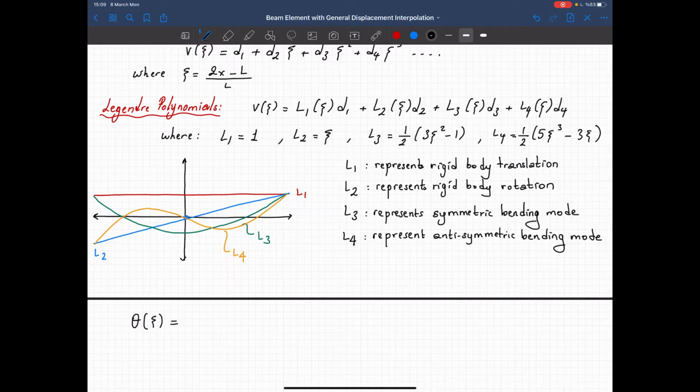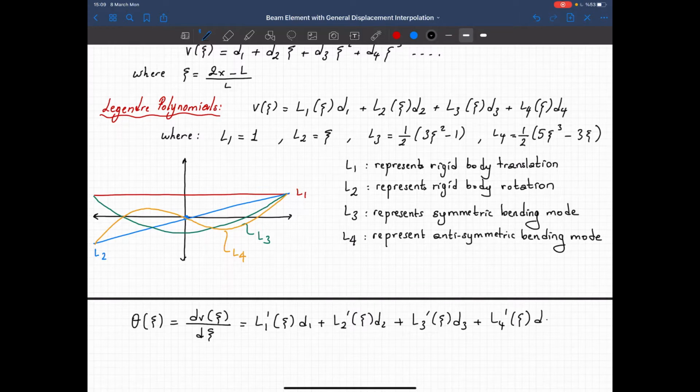That will be equal to dv(psi)/d psi, which is L1 prime psi d1 plus L2 prime psi d2, L3 prime psi d3, and L4 prime psi d4.